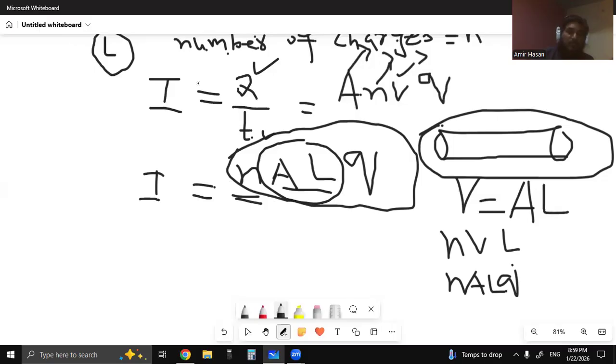This is the value of the total charges Q. When we divide this by T, now what is the formula formed here?